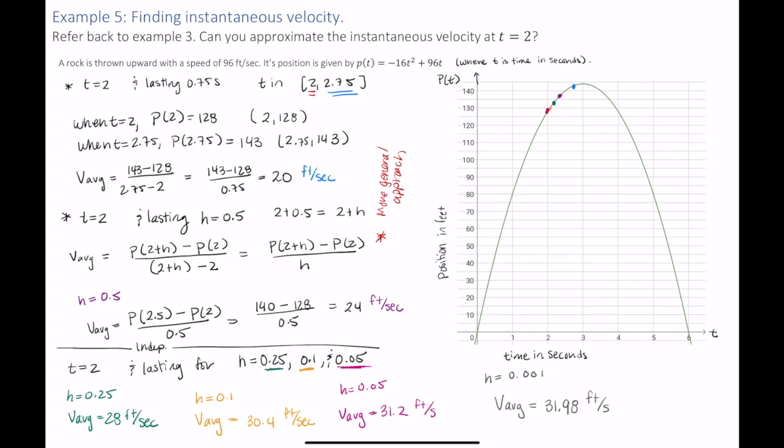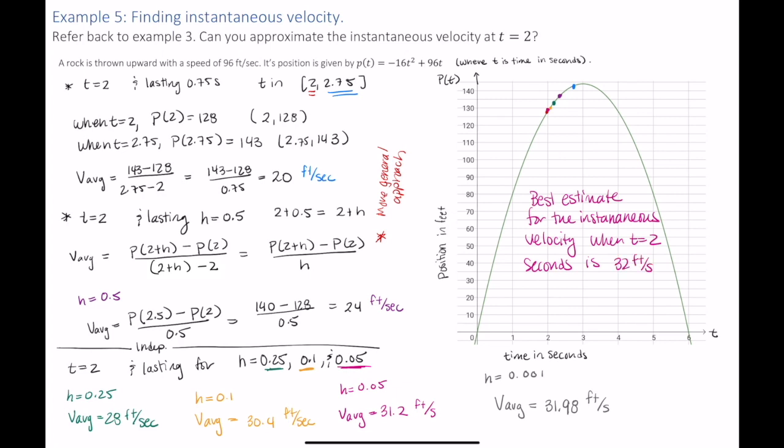And again, I'm using this formula right here that we figured out by replacing the length of the time interval with h. So my best estimate for the instantaneous velocity when t equals 2 seconds is 32 feet per second.